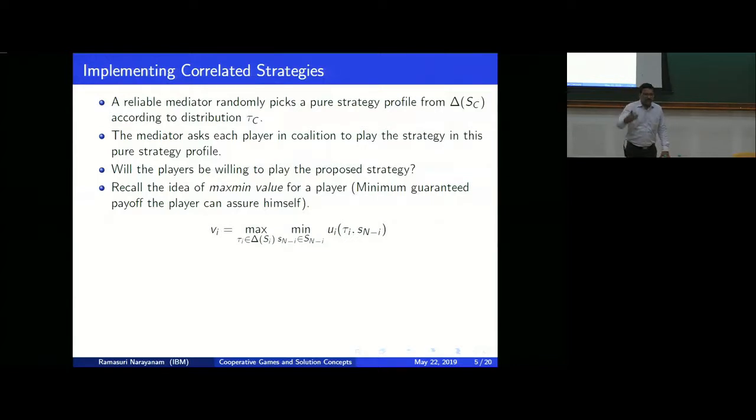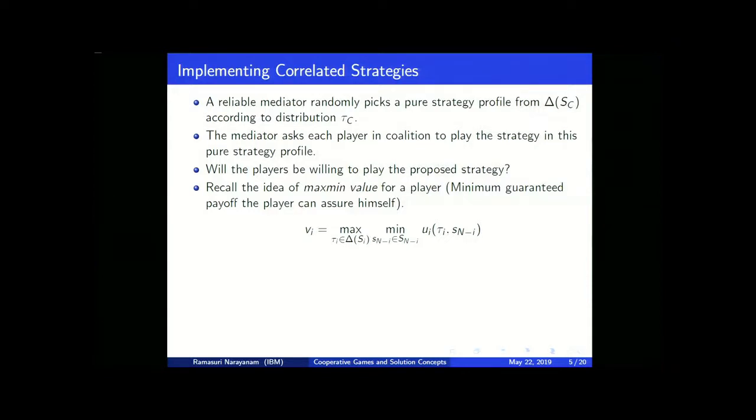What is the worst utility that I can pursue given the strategy profiles of the other players, right? Then when it comes to me, I can take the best strategy that leads to a more efficient outcome, right? So that's what it is. Min over the profiles of all the other players and max over my own strategy profiles, okay?